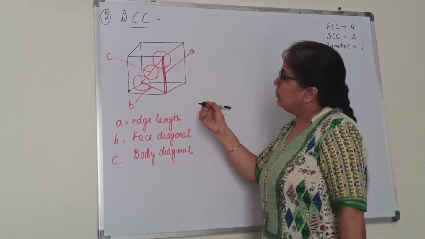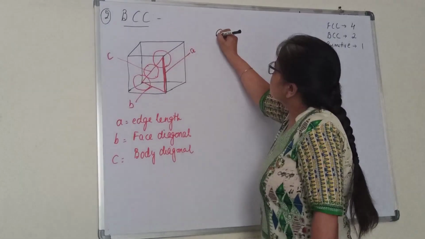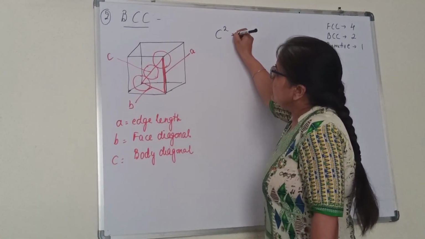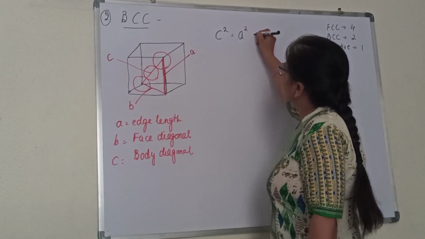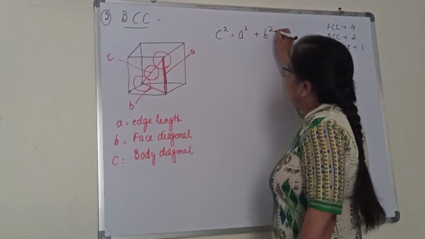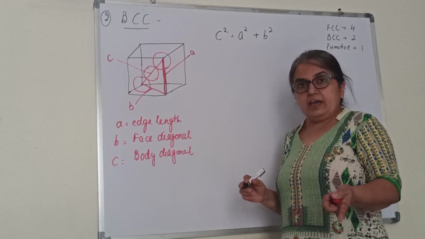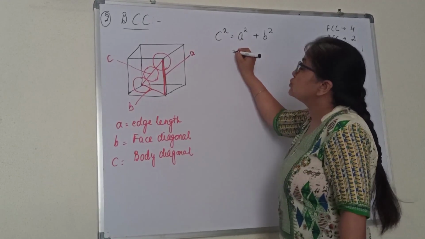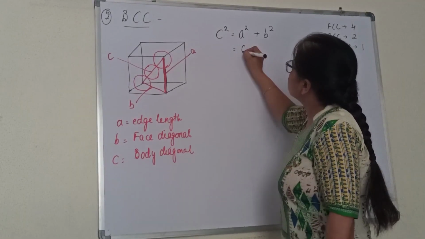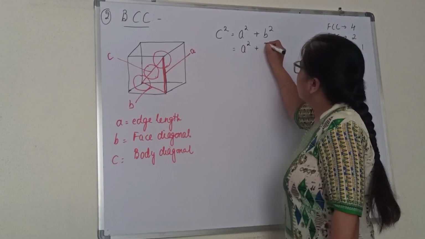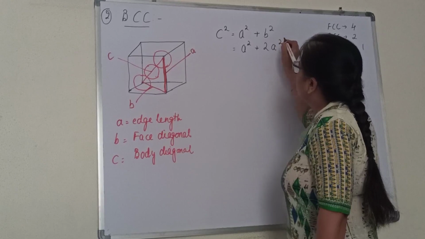Applying Pythagoras theorem again, children, here we can write c square is equal to a square plus b square. In the previous FCC, we have written b square is equal to 2a square. So that we are writing now again. This is a square plus 2a square.